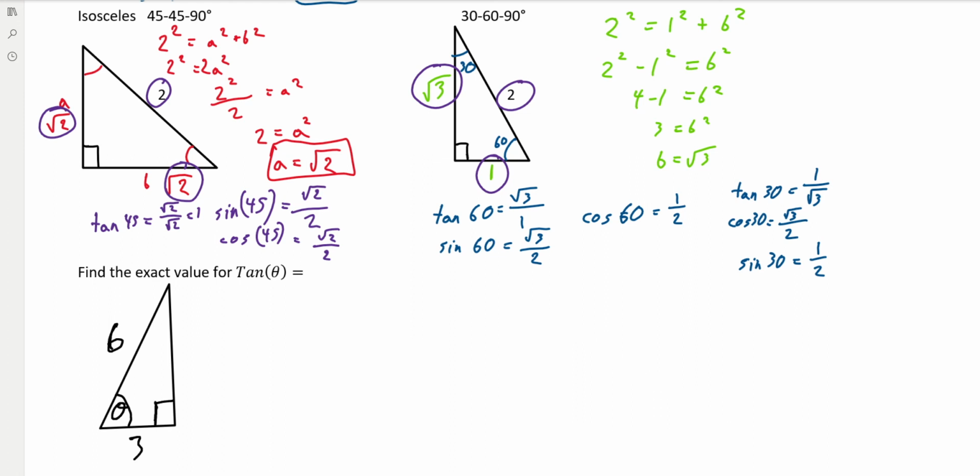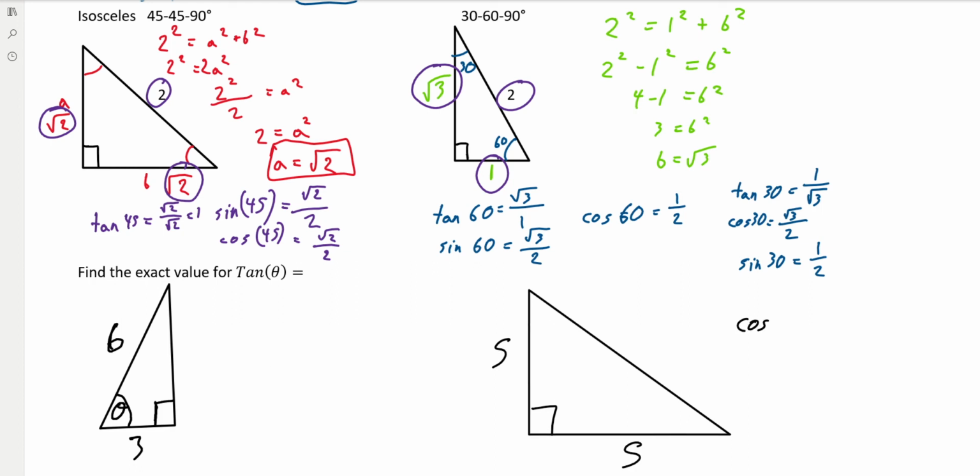That didn't work very well. Maybe we do like a different number, 5, 5, and we ask for cos theta. So we'll look for this one as well.